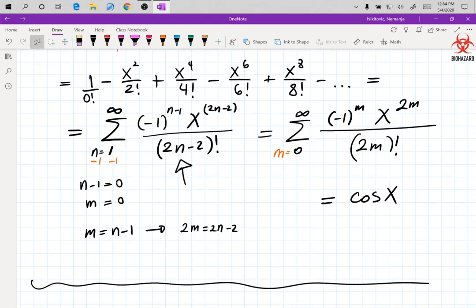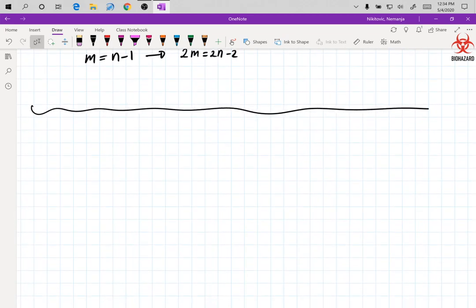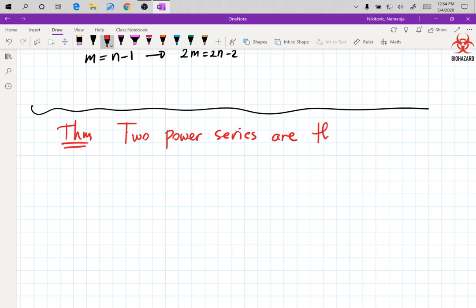All right, cool. I'm not sure why this was necessary to say, but I guess it is. Theorem: two power series are the same if a_n equals b_n.